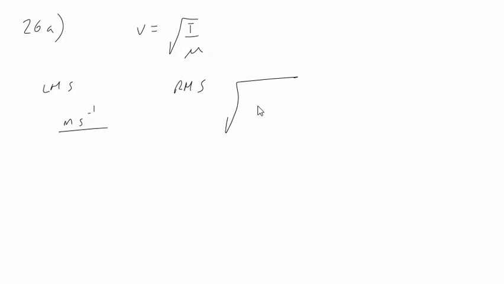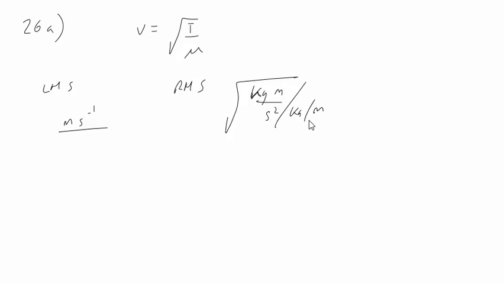We're told tension is in kilograms meters per second squared. I'm doing it like this so it's easy to cancel, and mass per unit length is in kilograms per meter.